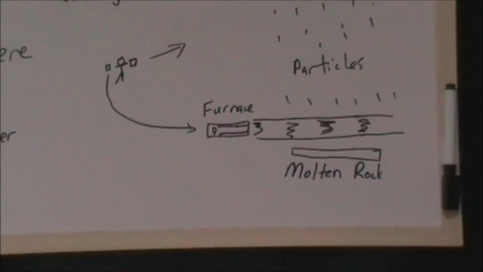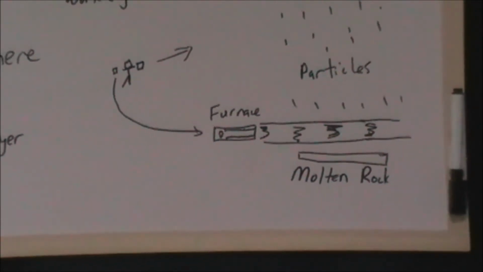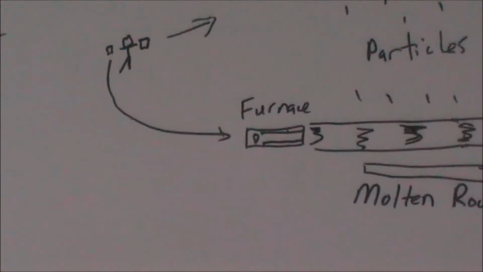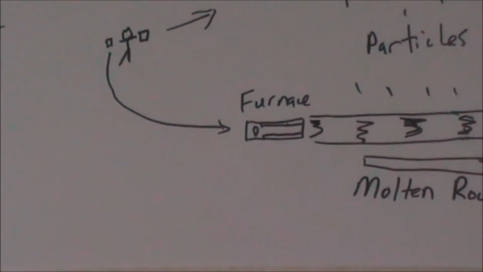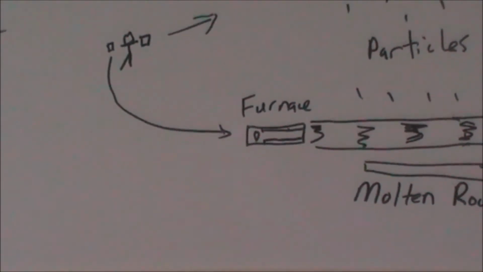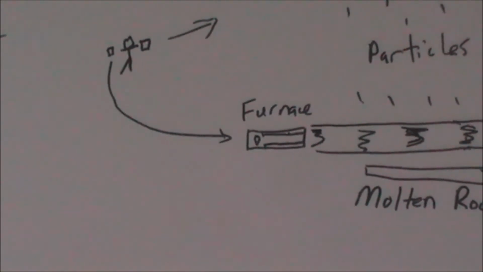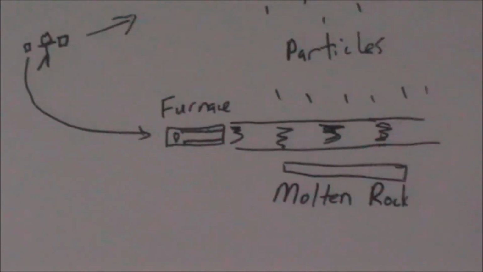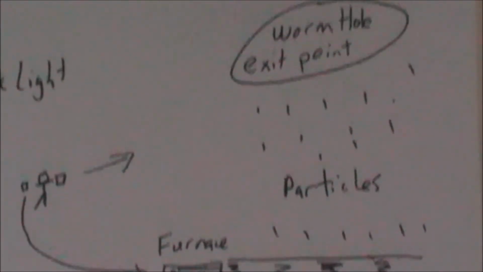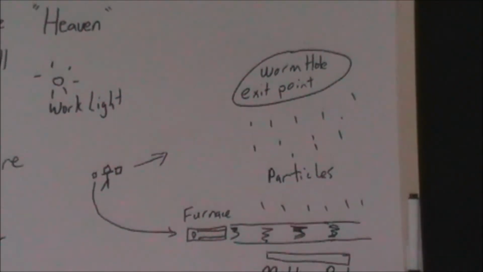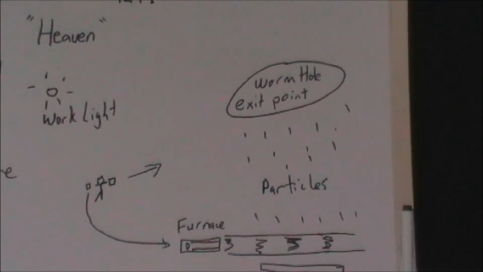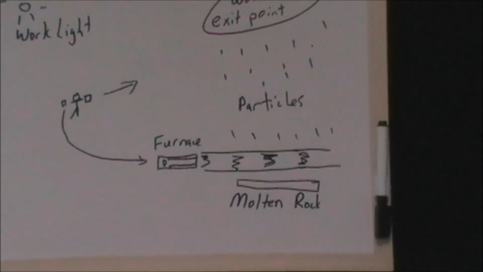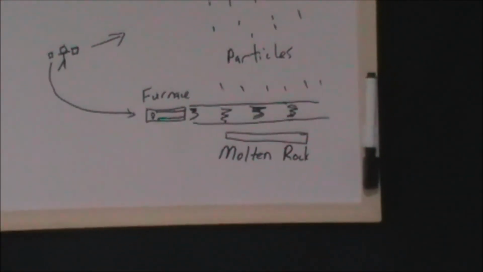And then eventually God produced a dimension full of fuel and was able to keep that furnace going as long as he wanted by using a wormhole. And you could turn it on and off by turning on and off the furnace wormhole. So God produced a type of wormhole exit point that produced particles that would bond together when heated in the furnace and produced molten rock.